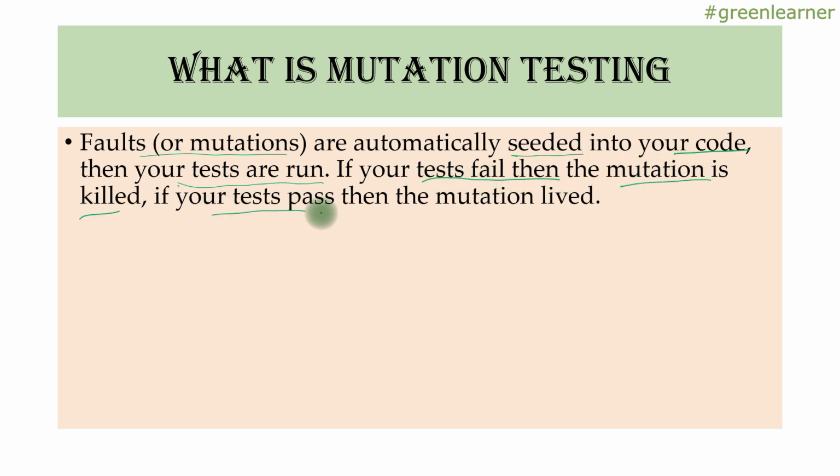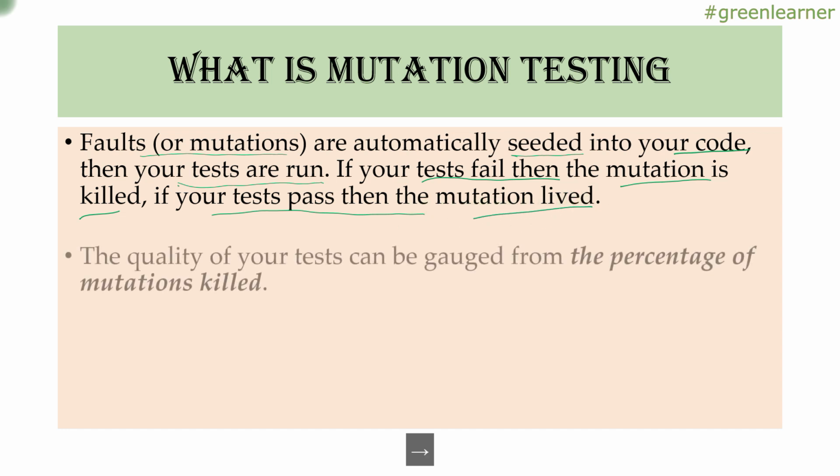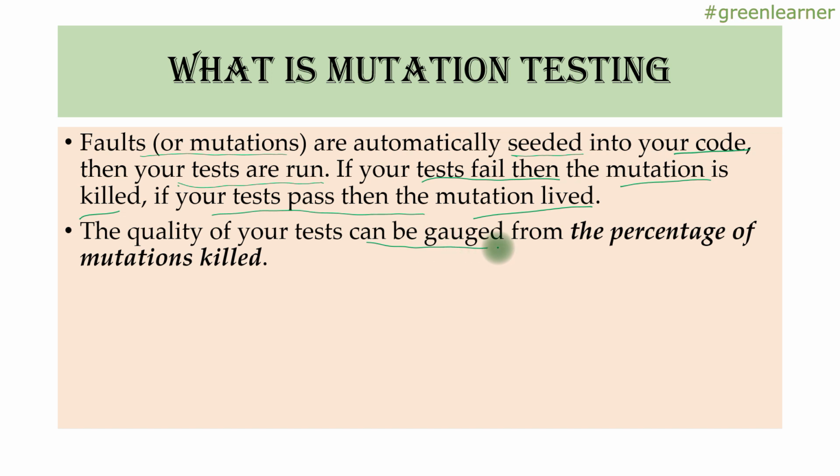If your tests pass, then the mutation lived. The quality of tests can be measured from the percentage of mutations killed. So the more mutations are killed, meaning test cases fail after changing the business logic, the better the quality of your test cases, right? So this is the funda about mutation testing.